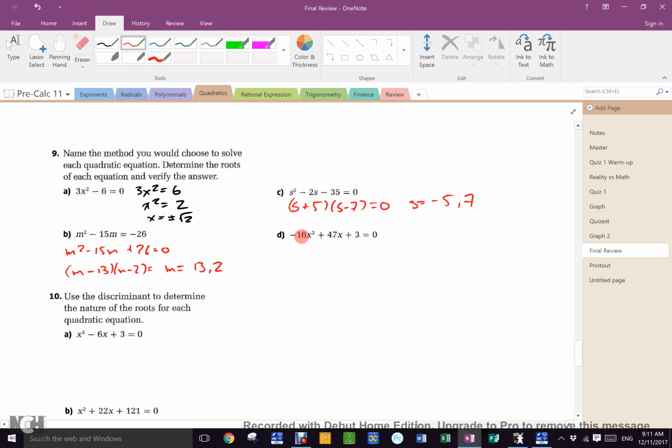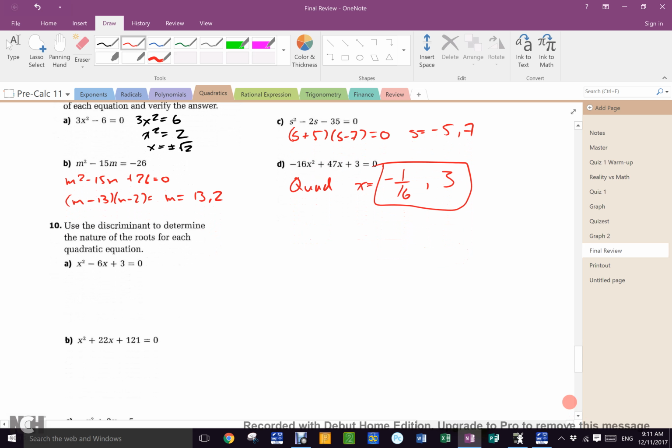But 16 times 3 is 48. And 48 gives you factors of 48 and 1. But okay, you could quadratic it. Because could you not use quadratics for all four of them? Of course you could. When you do the quadratic equation, you find x equals negative 1/16 and 3.